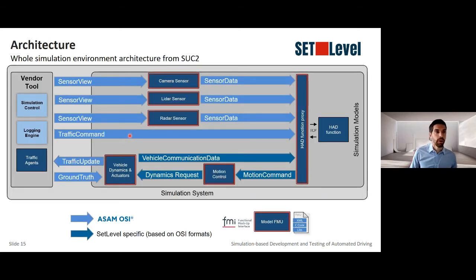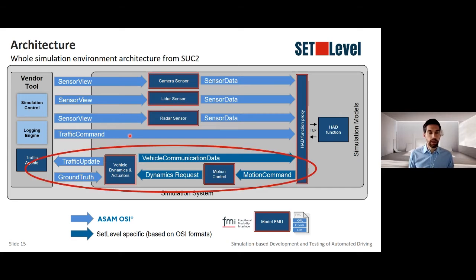So starting from the whole simulation environment architecture as shown in the simulation use case 2, what we are talking about now is the lower part of the loop. I talked just before about ego vehicle dynamics models. Actually, we are considering basically two model families here. One is the motion control and the other is vehicle dynamics and actuators.